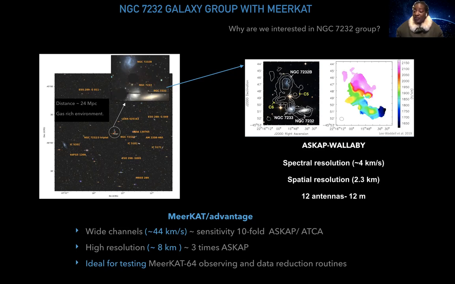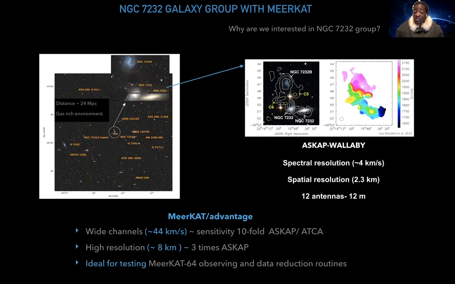However, with the column density sensitivity of 10 to the power 20, they were not able to detect this HI bridge. So we thought, well, using the 4K MeerKAT mode, we are going to have a sensitivity 10 times more than ASKAP, and that would allow us to detect the HI bridge if present at low column density.